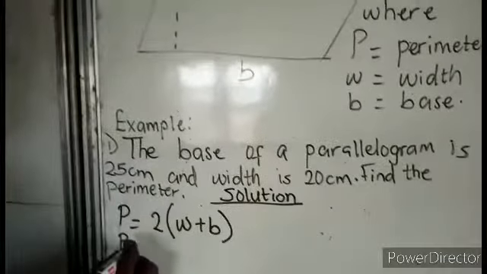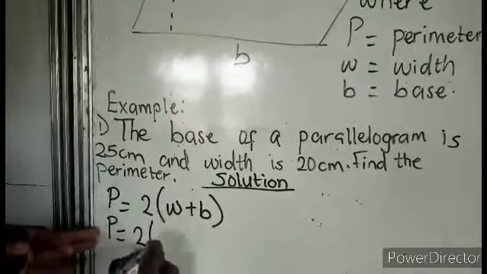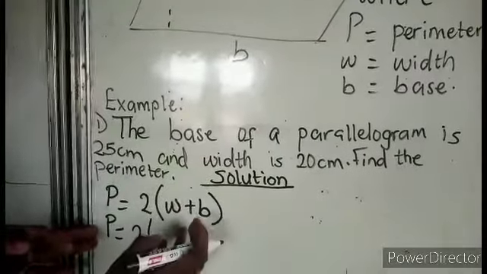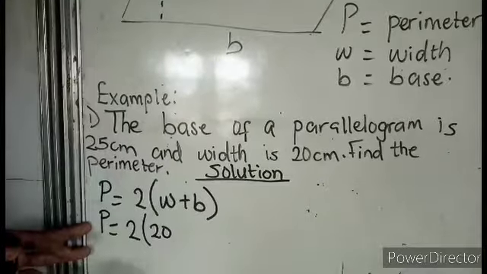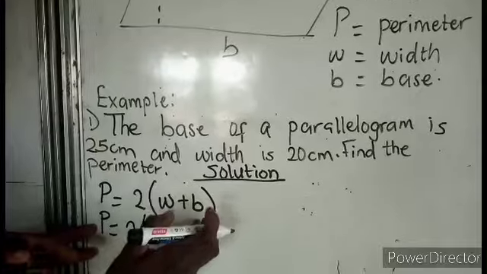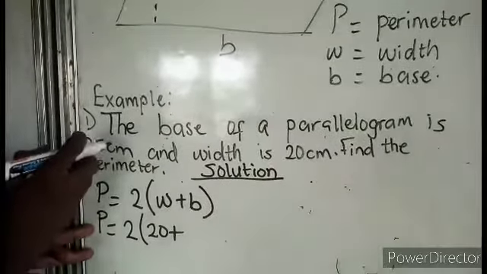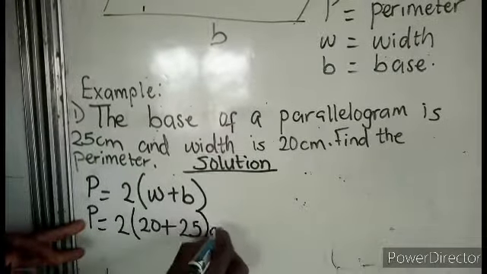So we have P, which is what we are looking for, equals 2 in brackets. From the question, our width is 20, so we have 20 plus, from the question, our B, which is the base, is 25 centimeters.